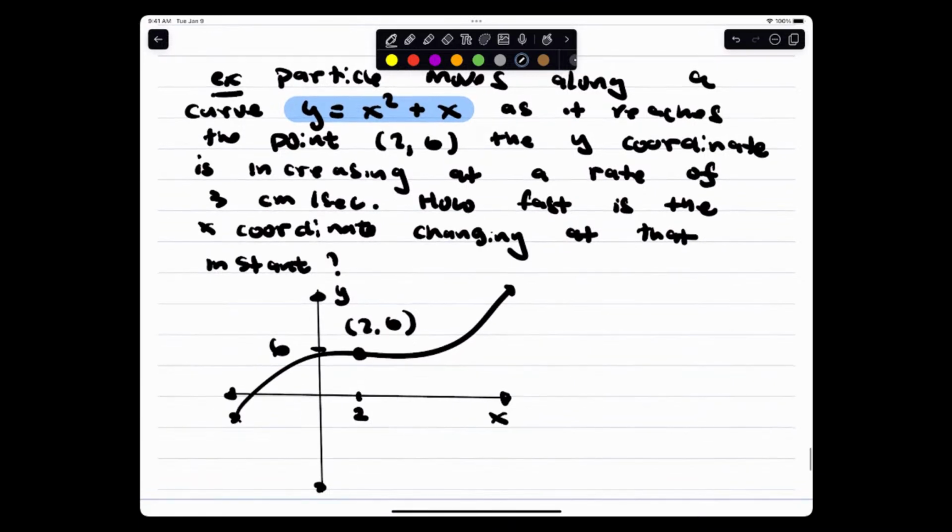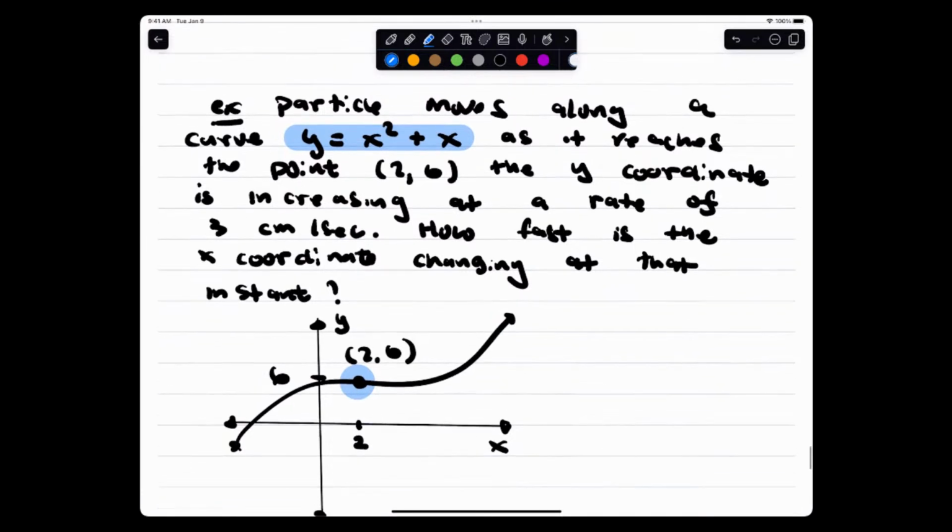But a particle evidently is traveling along this curve. And then it reaches that point. Okay, you guys okay with that? (2, 6). And so they're saying a particle moves along a curve as it reaches the point (2, 6). The y-coordinate, okay, what's going on with the y-coordinate? Let's close that door if we can, before I get scared.